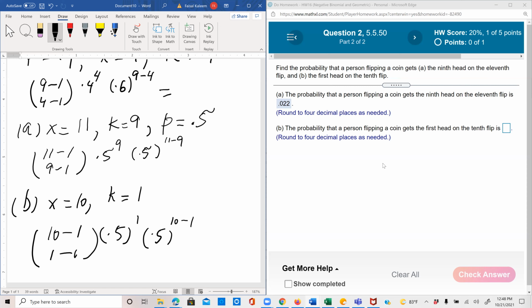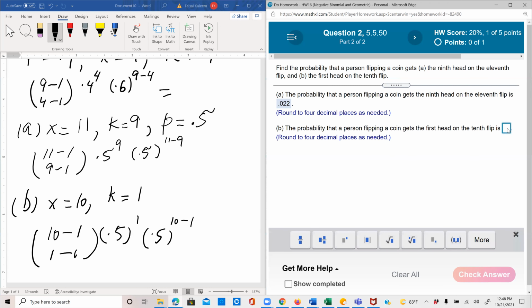So basically it's 9 combination 0, which is 1, and then times 0.5 power 10. So 0.5 power 10 is 0.00097, so 0.0010. So 0.001.